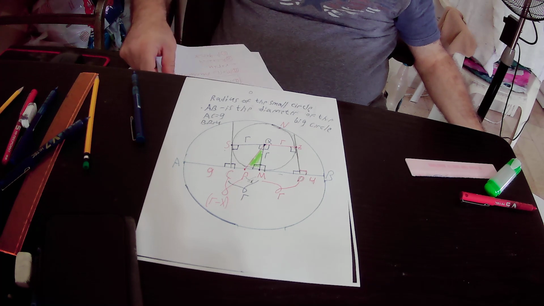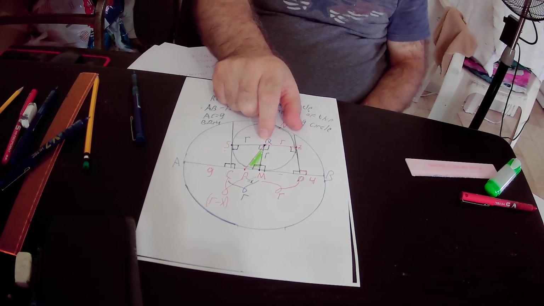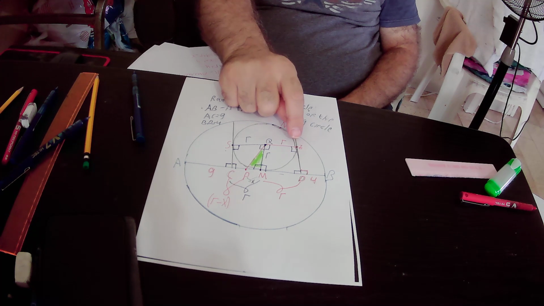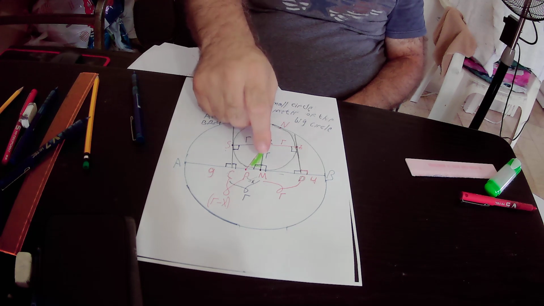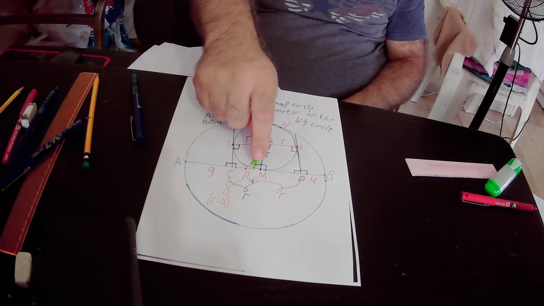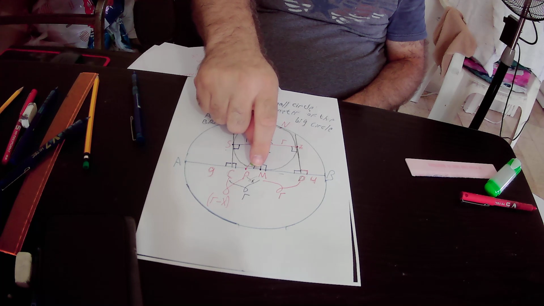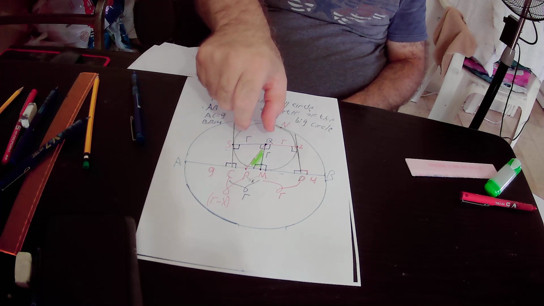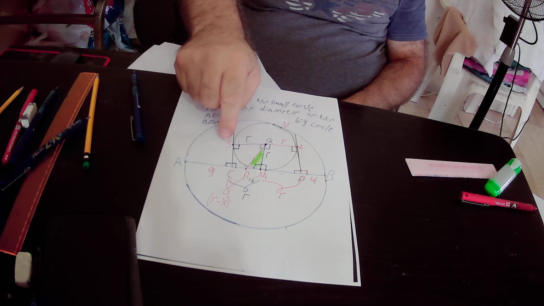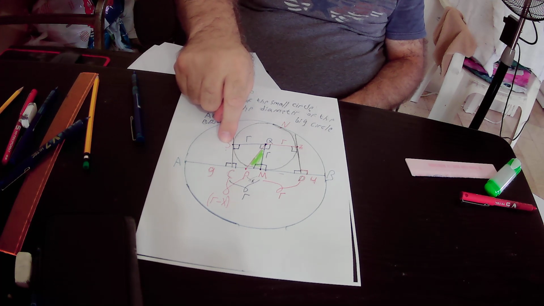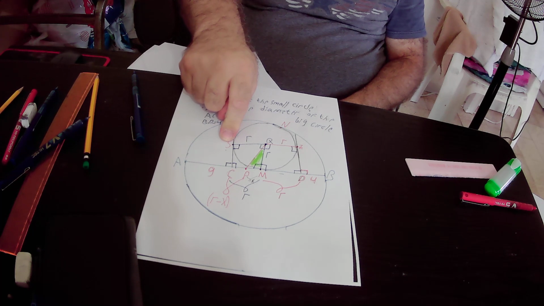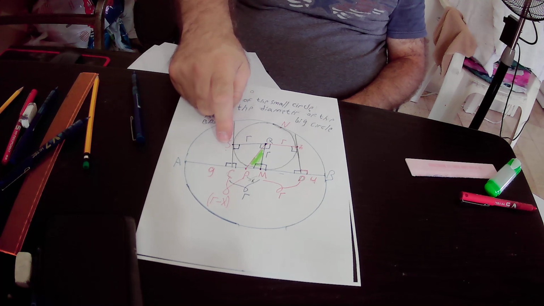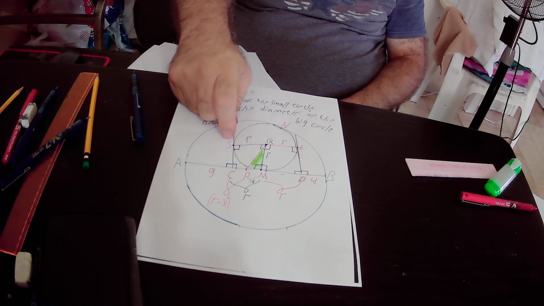Actually, this radius touches the tangent point, that is to say point Z. This radius also touches the tangent point, that is to say point M, and this radius also touches the tangent point, that is to say touches point S, that is the tangent to the circle at point S.